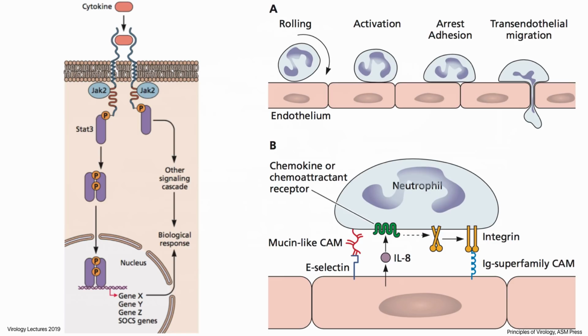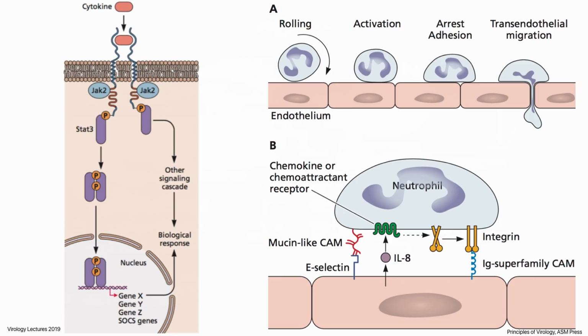And what we see is that when the infected tissues produce these cytokines and chemokines, the neutrophils, normally they're moving in the blood, but they will attach to the endothelium and start to roll on the endothelium, and they become activated, they stop, and then they migrate through the junctions in the endothelial cells. And that's a series of reactions promoted in part by chemokines.